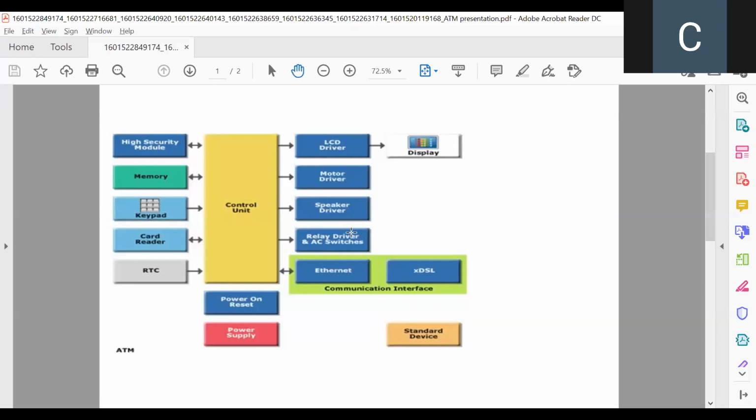Then a relay driver and AC switches. Then it's a communication interface. Whenever you are deducting the amount, the communication protocol will automatically connect with the particular bank. Then the particular amount will be deducted, and we will receive the message from the bank automatically. So the very important devices here are the card reader and the communication protocol.